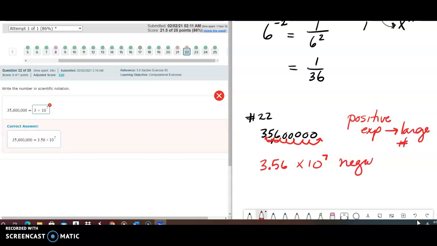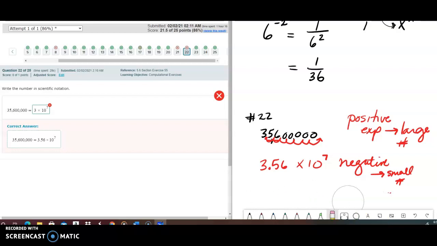Negative exponents represent small numbers. So if I had a number like this, that's a very small number, and I write it in scientific notation, my exponent is going to be negative.